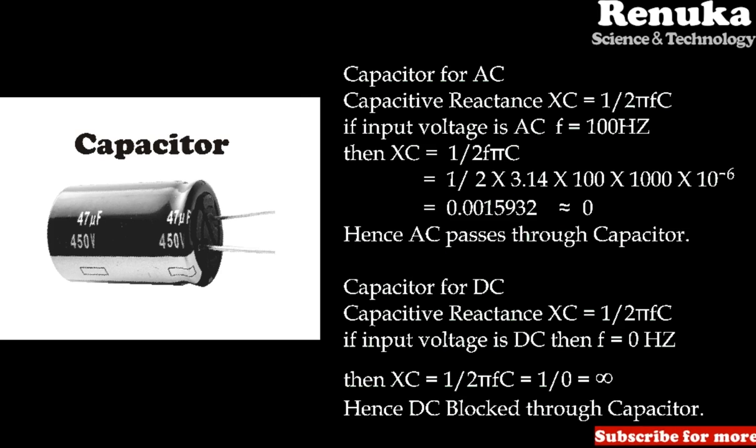For a capacitor, the reactance is given by the formula Xc equal to 1 upon 2 pi f C, or Xc equal to 1 upon omega C, where omega is 2 pi f. Suppose we have connected AC current to the capacitor. Let us see what happens to the reactance of the capacitor.